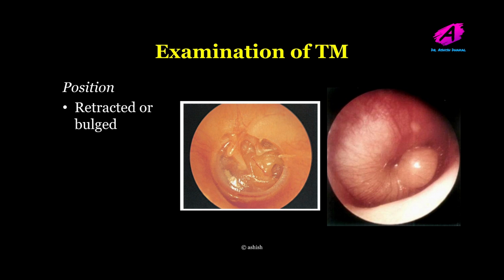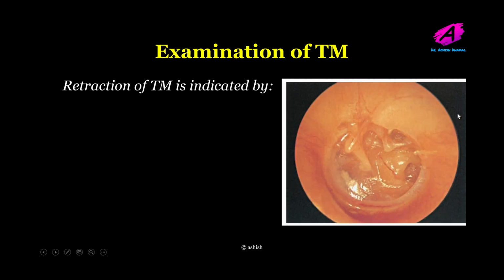Next, check for the position of the tympanic membrane, whether the tympanic membrane is retracted, as you see here in this case, or whether it is bulged. So these are the conditions you have to see. What are the features that you see in the case of a retracted tympanic membrane?